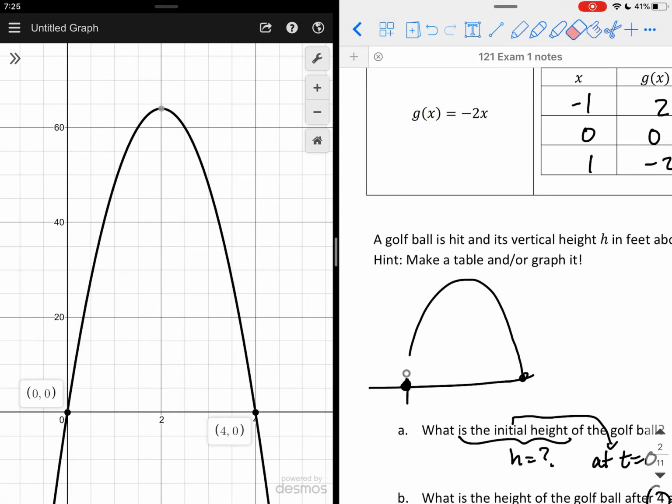This line is off, but I'll fix it. So here this is (0, 0). This one is (4, 0). And this point right here is (2, 64).